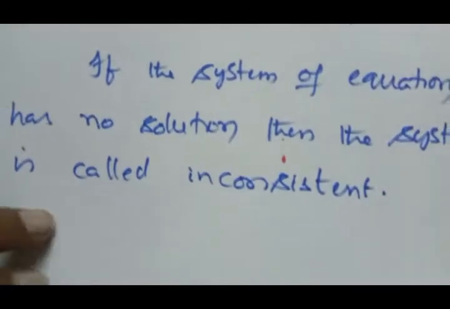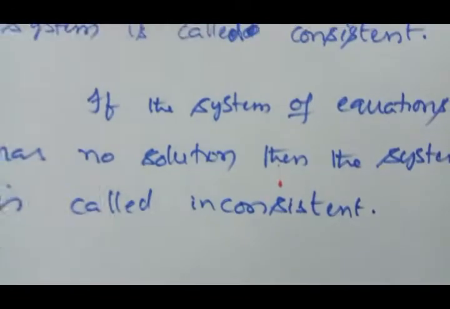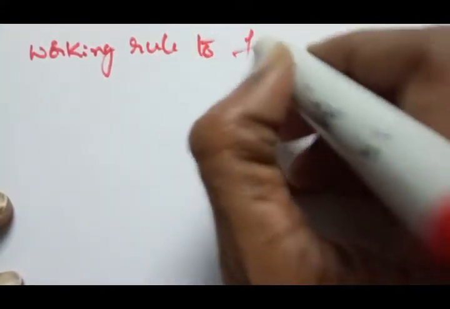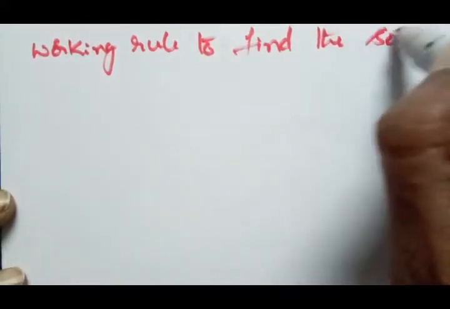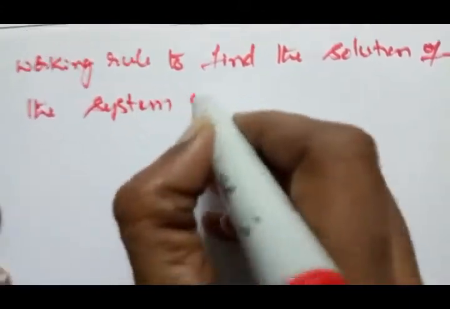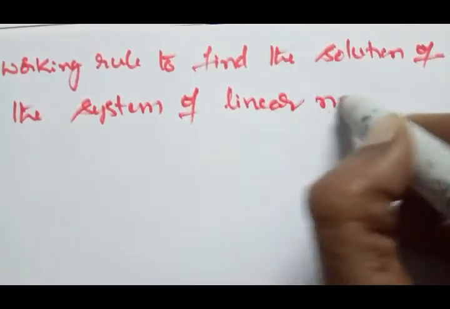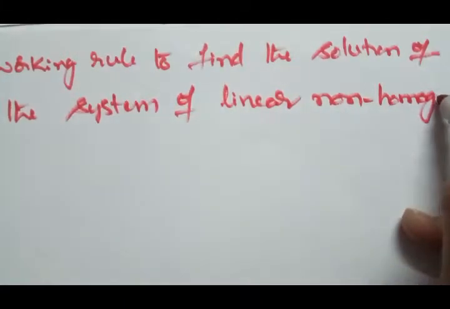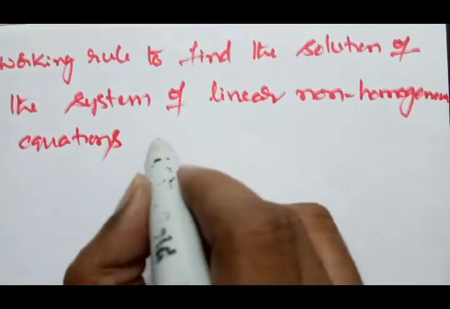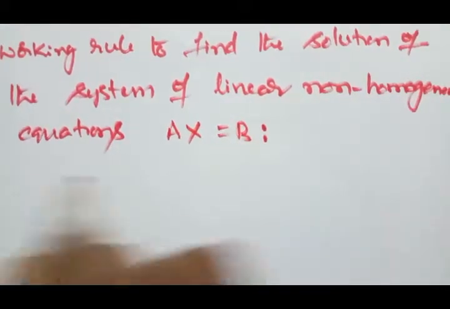And now, working rule to find the solution of the non-homogeneous linear system of equations Ax is equal to b.